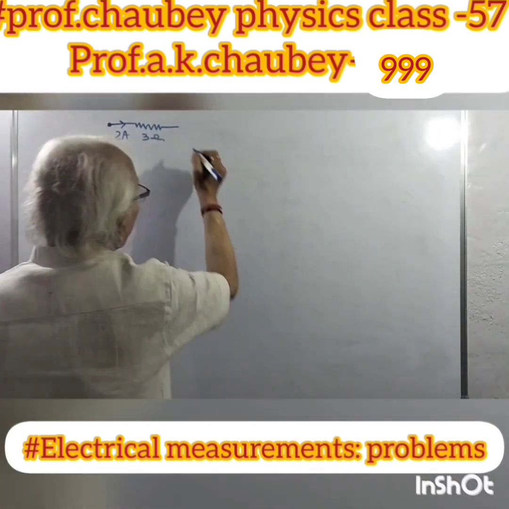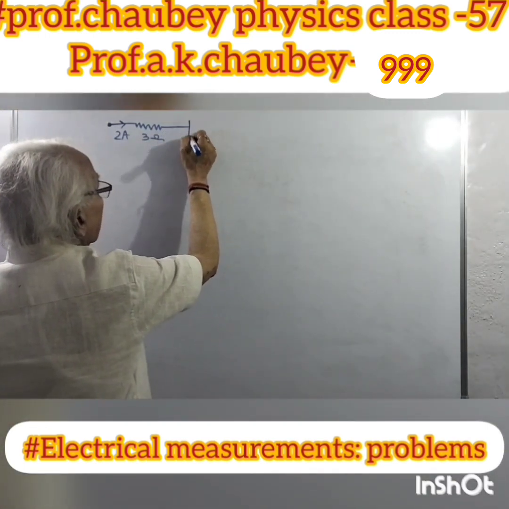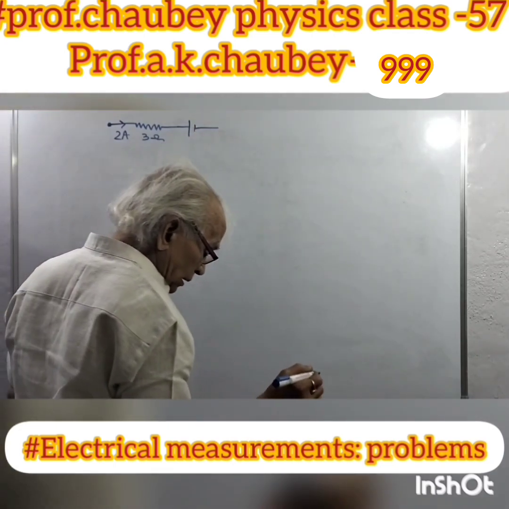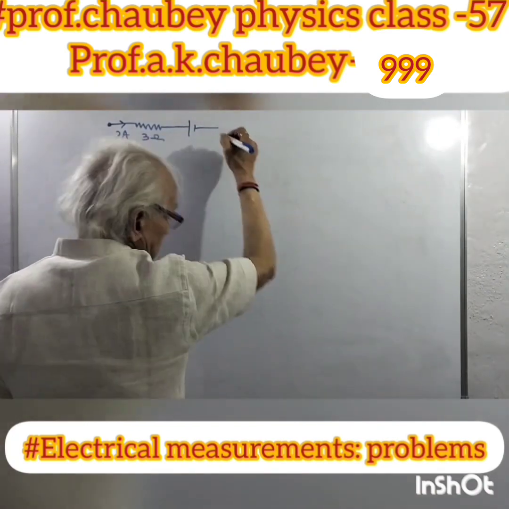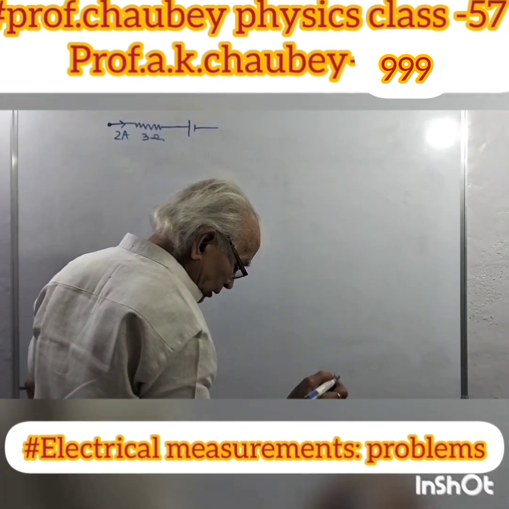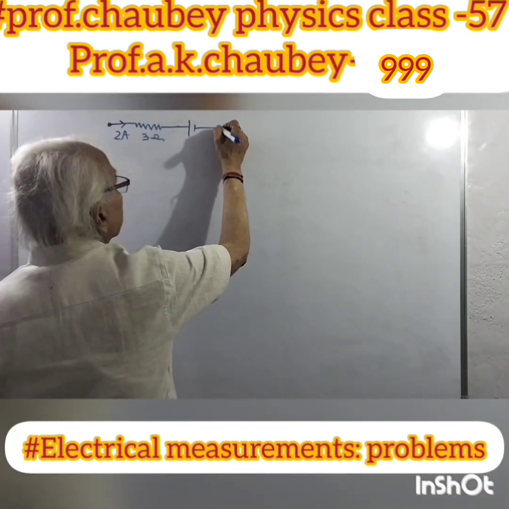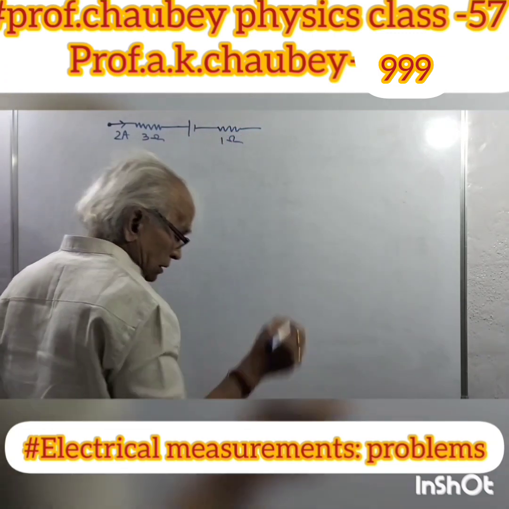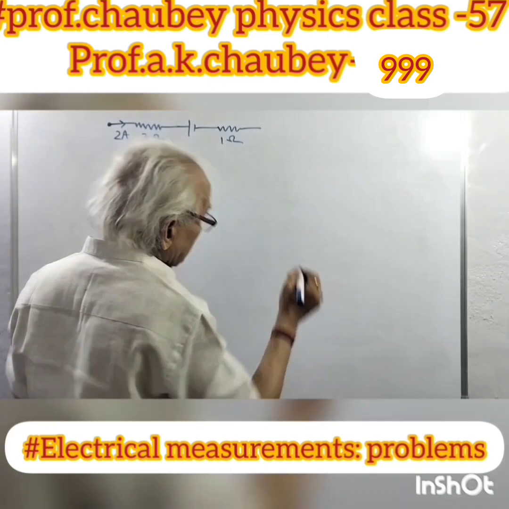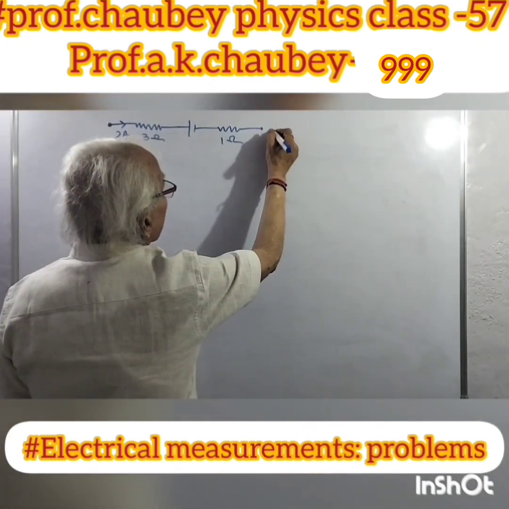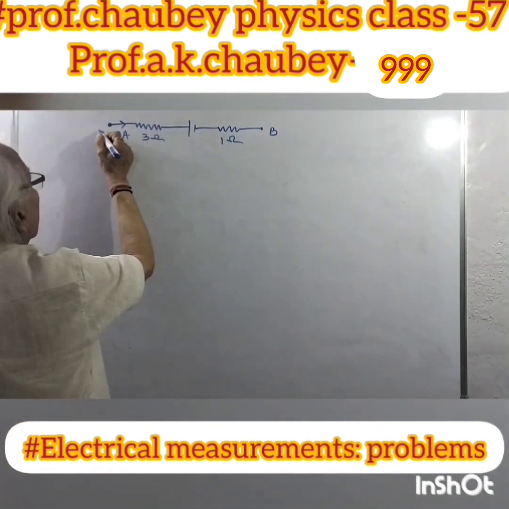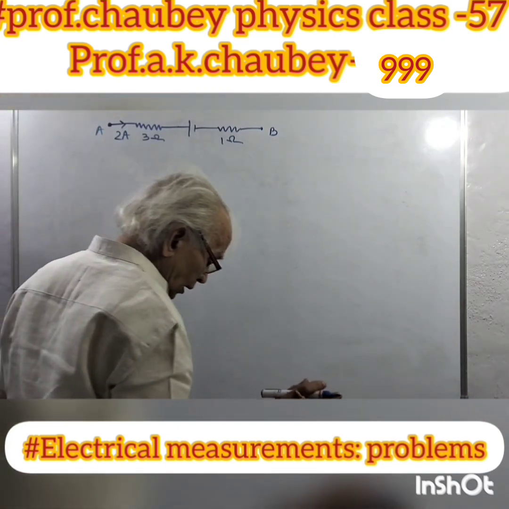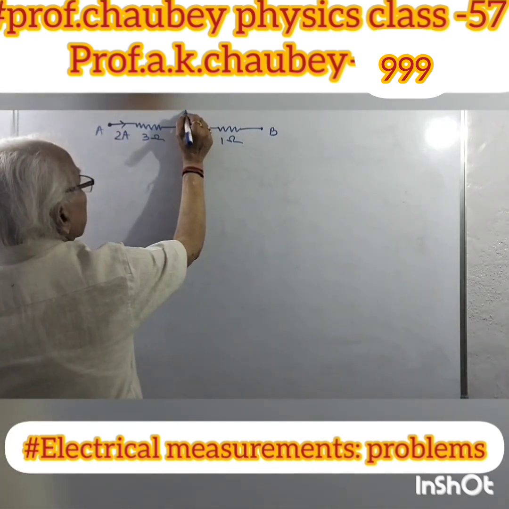And then I have a battery or a cell here, positive here, negative here. And then this is 1 ohm resistance. And in the circuit I have here point B, and this is point A.